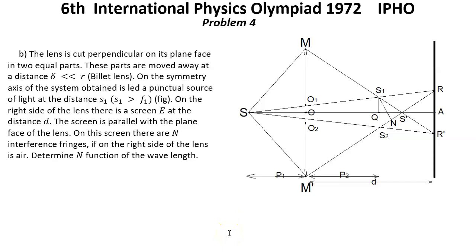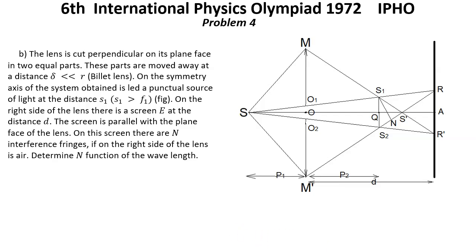On the symmetry axis of the system obtained, there is a punctual source of light at the distance S1. S1 is greater than F1. On the right side of the lens there is a screen E at the distance D. The screen is parallel with the plane face of the lens. On this screen there are n interference fringes. Determine n as a function of the wavelength.